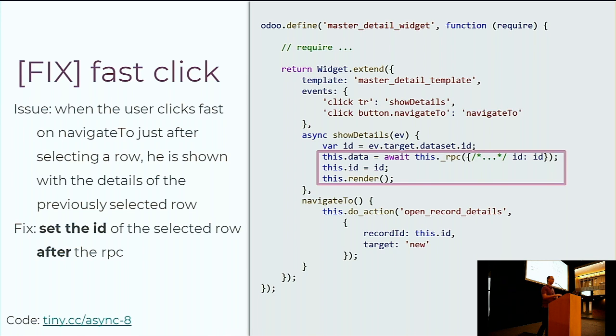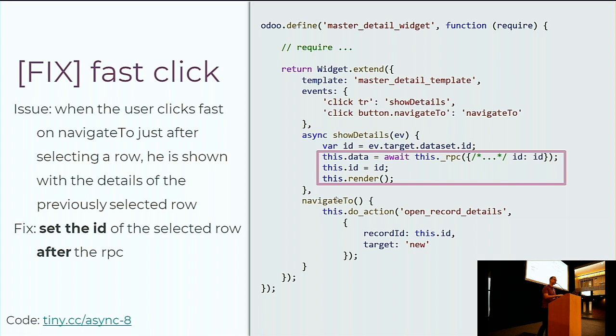Once again, we awaited all the promises that we needed to wait, but what was wrong is we mismanaged the states. We stored a part of the state and then did something asynchronous, and the state is not consistent.